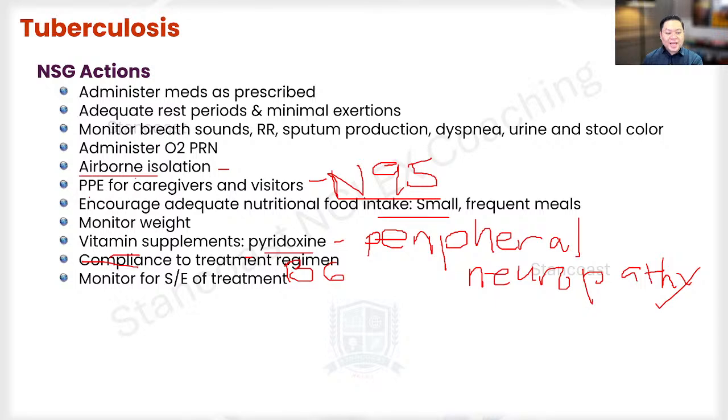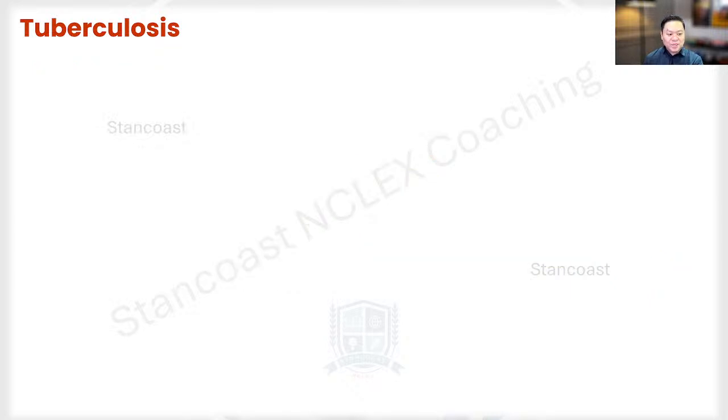Now we're also going to have to monitor the patient for any side effects of the treatment. Like I have said, we have already covered plenty of those, so I'm not going to mention them again. So keep an eye on those manifestations and make sure that they are reported promptly to the medical provider so we can address those issues.